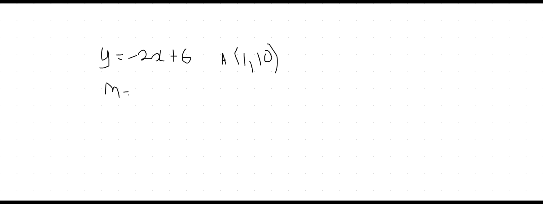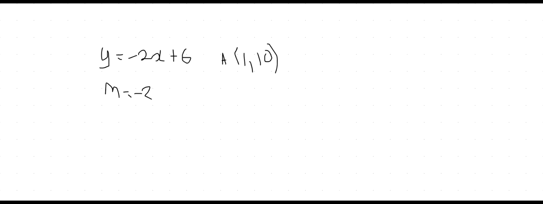And we're told that the line we're trying to find the equation for is parallel to this line, meaning it should have a gradient of negative 2 also. So now that we have the gradient, we have to find the equation. This is a case where you're given a gradient and a point, then you have to use a certain equation to find a standard equation.